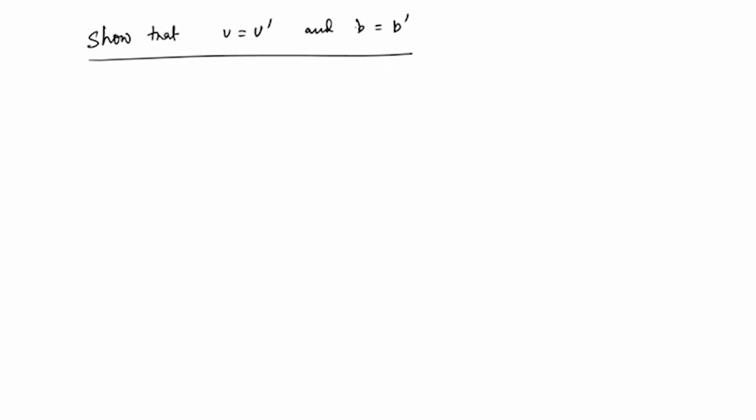So, we will prove that the initial and the final velocities are the same, and the initial and final impact parameters are the same, which can be understood by the conservation of angular momentum, because there is no torque acting. So, mVb equals mV prime b prime, which tells us that Vb equals V prime b prime, where m is the mass of the alpha particle.